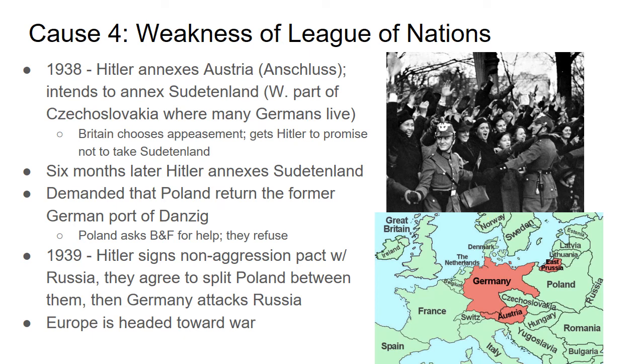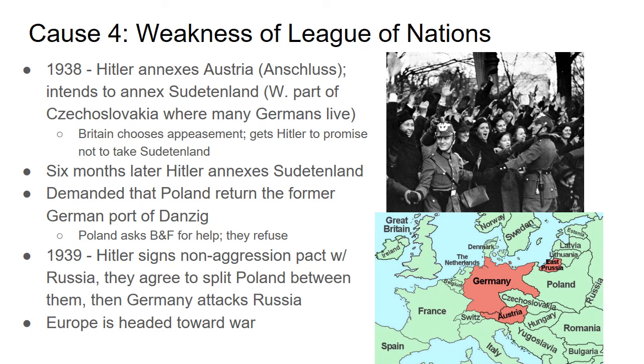But, it makes sense in that way, but it makes no sense because now Germany's cut in half. So Hitler is demanding that Poland give back that area. When Poland asks Britain and France for help, they refuse, and Poland ends up handing over that territory.